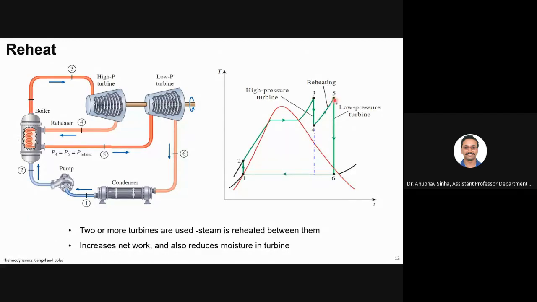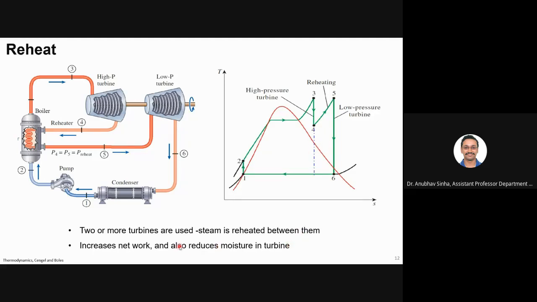Now at 5, when it comes down, when it follows this path, this is in the low pressure turbine. So effectively what you see is that instead of having an area which is limited up to here, we have a larger area. This will increase your heat required also a little bit, but the net gain is far more than that. So effectively we see that net work is increased and the efficiency of the cycle increases.